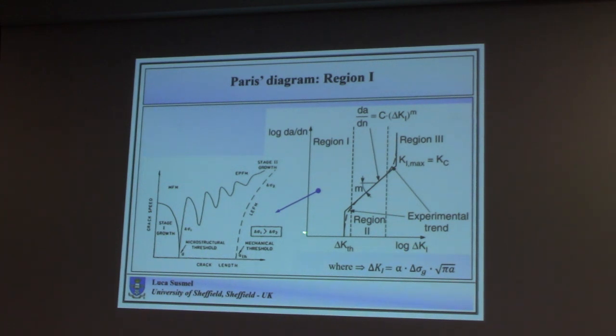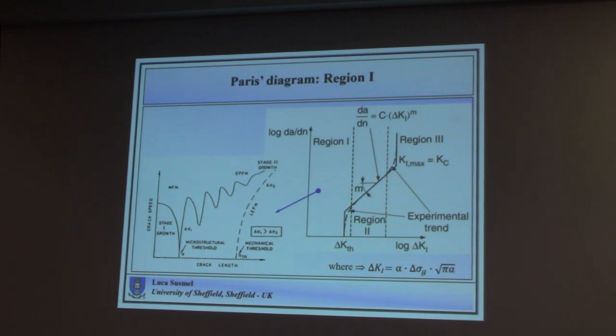This means that the crack propagation is different from 0, but so small that from an engineering point of view it can be neglected. And we have, in theory, no engineering propagation. But actually, if you look at the crack in this region, you would see that the crack growth or the crack speed follows a kind of zigzag path as the crack length increases. And why is that?